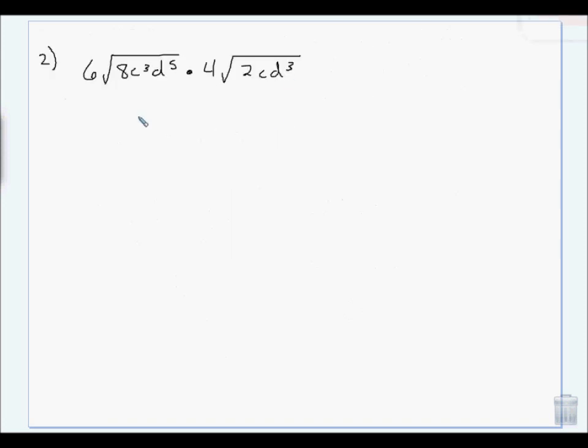Okay, next example, square roots. So I'm going to do 6 times 4 is 24. 8 times 2 is 16. C to the third times c is c to the fourth. D to the fifth times d to the third is d to the eighth. Square root of 16 is 4.